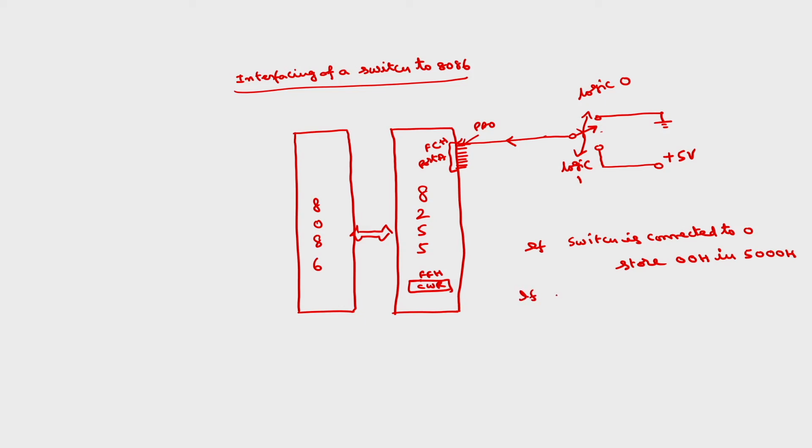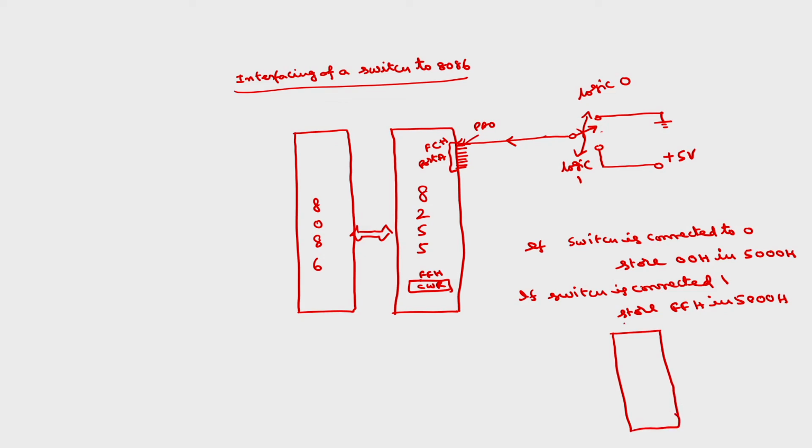If the switch is connected to logic 1, store FFH in the same offset 5000H, that is in the data segment. This is the data segment, say 50000H is the starting address.